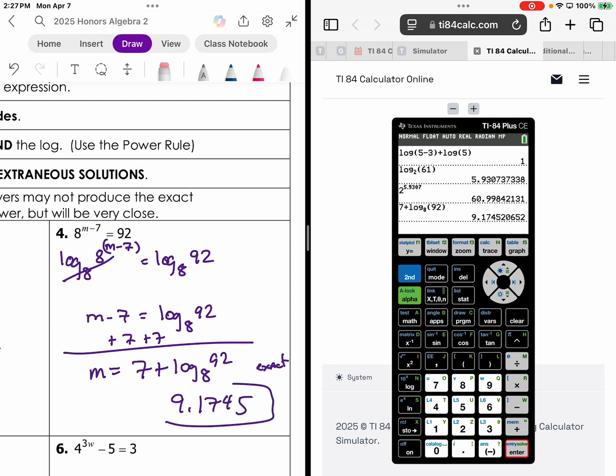And again, if I want to check 8 raised to the 9.1745 minus 7 power, that's pretty close to 92. Okay, so in my mind, I'm like, hey, yeah, I did it right. I got an answer pretty close. If I was rounding it to the nearest second decimal, I got 92 when it rounds up. So I'm okay. I feel confident with that answer.